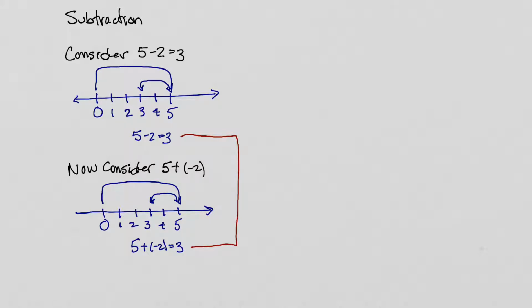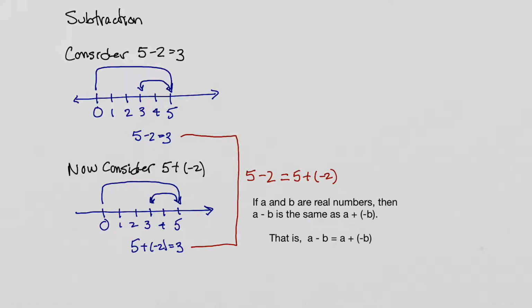So we can say that 5 minus 2 is the same as, equal to, 5 plus negative 2, as both of them are 3. So what this tells us now is that if we have two numbers, A and B, and we perform this subtraction, A minus B, that's the same as taking A and adding the opposite of B.